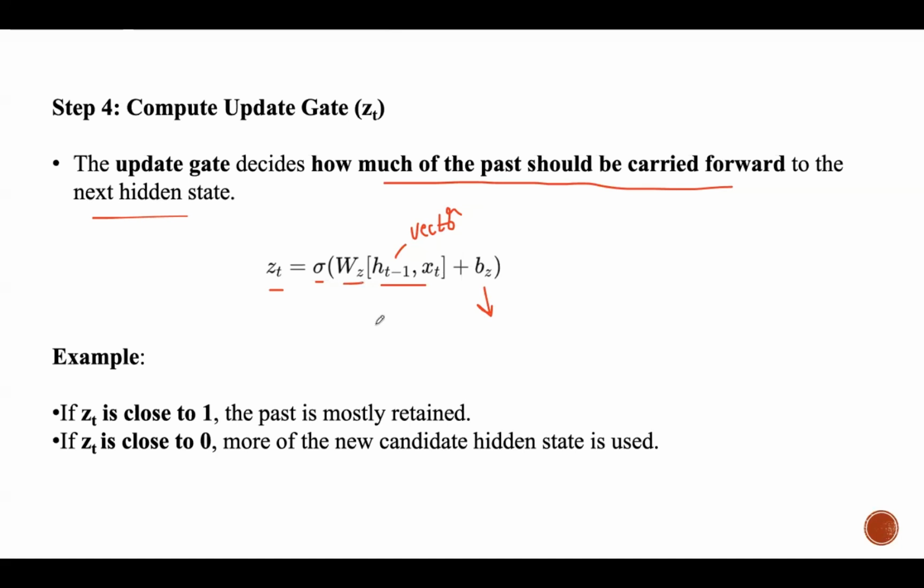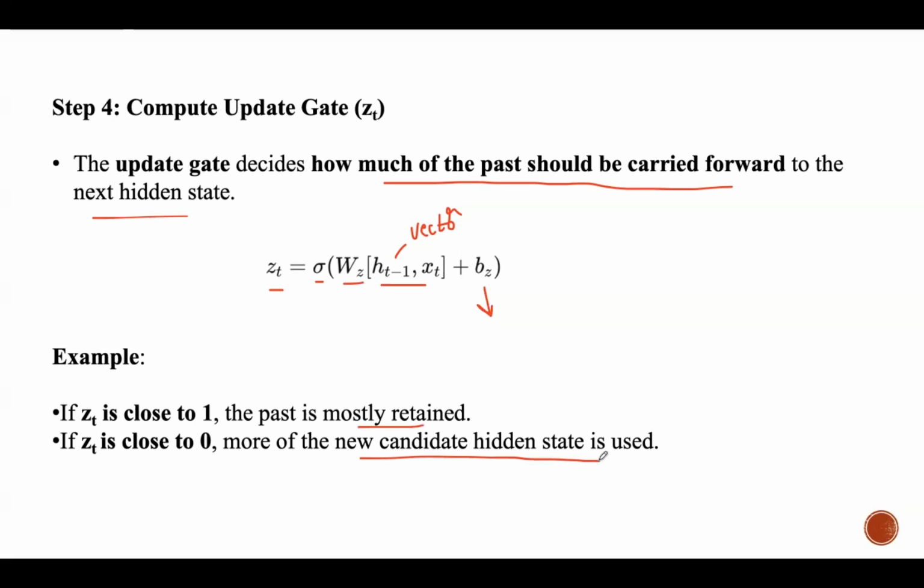So this update gate helps the GRU determine whether to preserve past information or update it with a new input. If this zt value is 1, then past information is mostly retained. If the zt value is close to 0, then more of the new candidate hidden state is used.